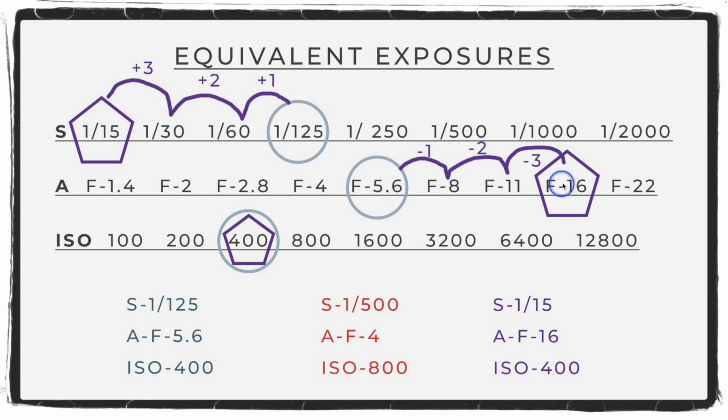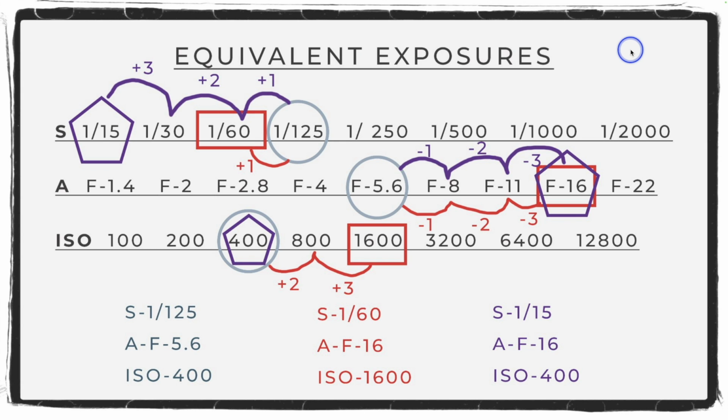And we know this makes our f-stop smaller in size, larger in number. So if we go this way, it's -1, -2, -3. So +1, +2, +3, and then -1, -2, -3 equals 0. So that's our equivalent exposure. These two exposures are exactly the same. However, the result is going to be different because of the combination of numbers.